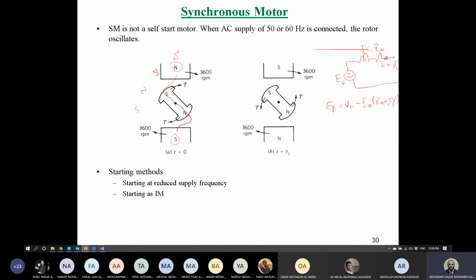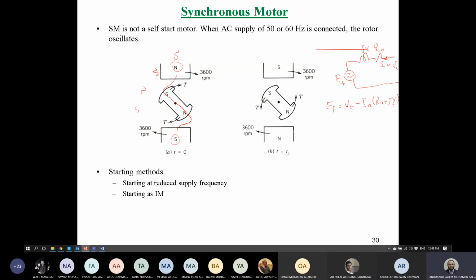Now we understood that the reason behind the motor standing still, or the motor not starting, is the high speed of changing the poles of the stator, the high speed of the rotating magnetic field. So how can we start the motor, guys? Reduce the speed. This is one solution.